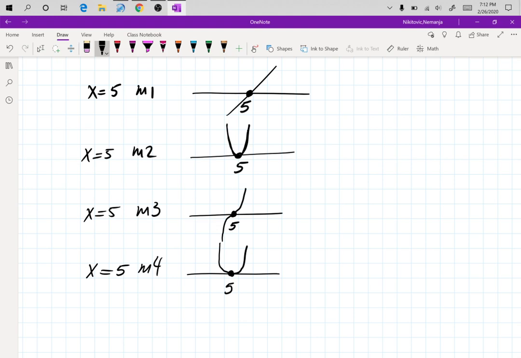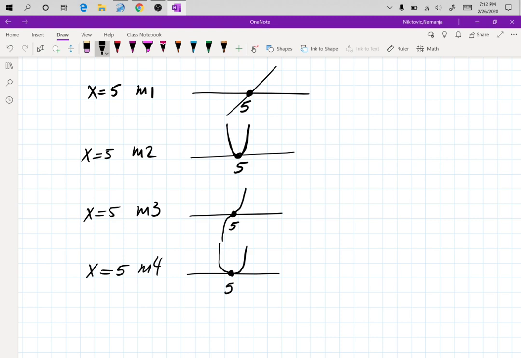So multiplicity 1 is going to cut straight through. Straight line right through the root. Multiplicity 2 is going to bounce off as a quadratic. Multiplicity 3 is going to snake through like an x cubed. Multiplicity 4 is going to make the u, and the u is going to get wider and wider for multiplicity 6, multiplicity 8, multiplicity 10.